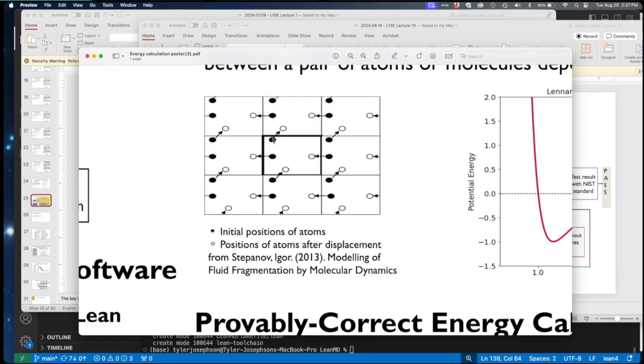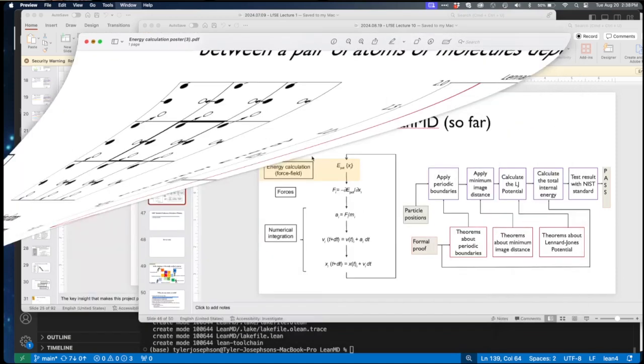And in this case, this would be the closest one. However, after it moves here, it's not necessarily going to be the distance between this particle here and this one. It might instead have this distance be the minimum image distance between the two. And we need to return that distance each time.